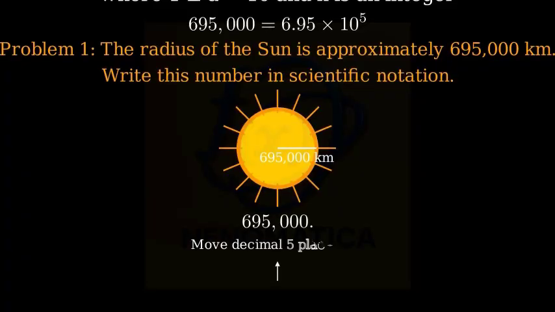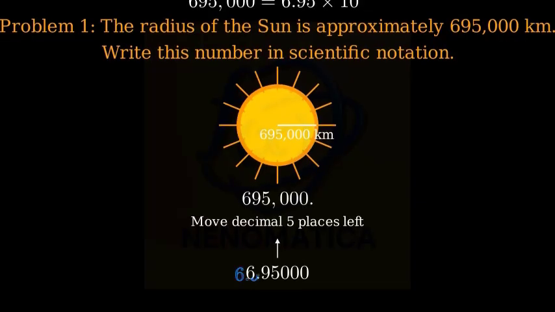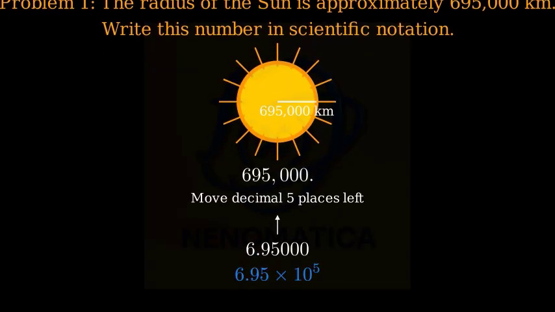In 695,000, we need to move the decimal point 5 places to the left. This gives us 6.95. Since we moved the decimal point 5 places to the left, we multiply by 10 to the power of 5. So 695,000 in scientific notation is 6.95 times 10 to the power of 5.